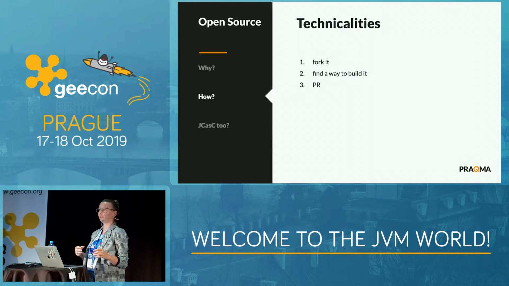Because there are projects that are very easy to build, and there are projects that require, I don't know, using Maven, and then you need to change some configuration. So make sure you know how to build a project before you start introducing changes. Because if you introduce changes and then can't build it, you won't know if it's you or you just have the wrong way of building it. And then you create a PR, and it's taken from there.